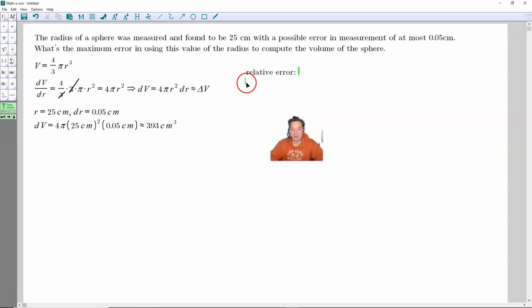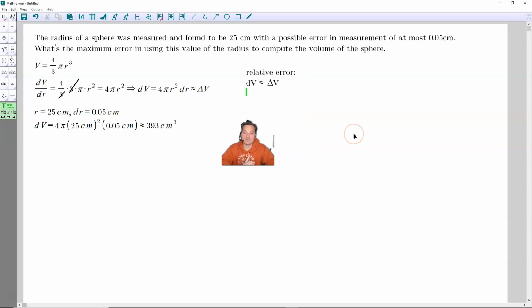Now remember that dV, which comes from the derivative, is an approximation to delta V, which is the actual change in the volume. So let's make use of this as follows. Delta V, the actual change in the volume, divided by that particular value of the volume, is just about the same, relatively speaking.